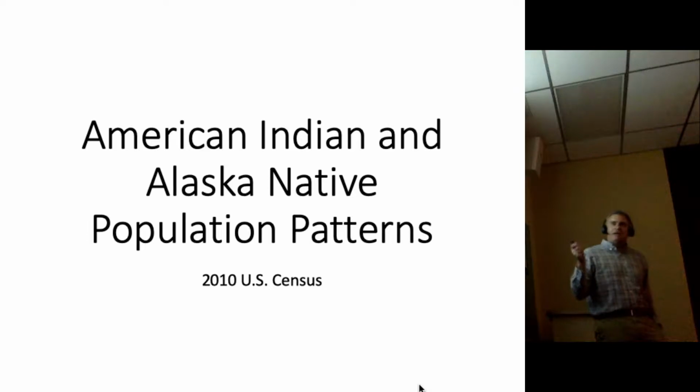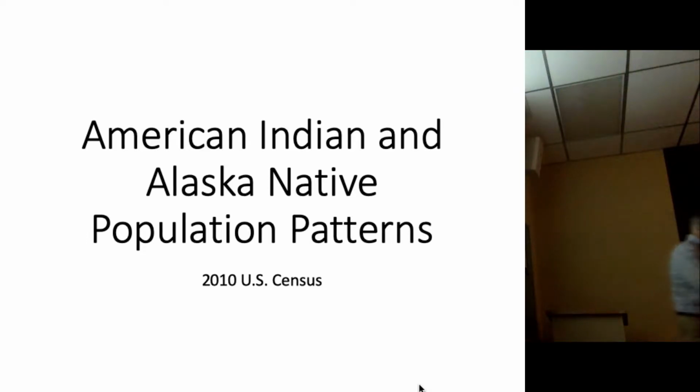the idea here is to look at population. And about a year from now, on April 15th, we'll be doing the 2020 census. And so what we have here is the latest figures from 2010. I understand that's not really new stuff, but anyway, before we begin even talking about sovereignty and various facets of Indian country, we should probably at least start looking at some population patterns.